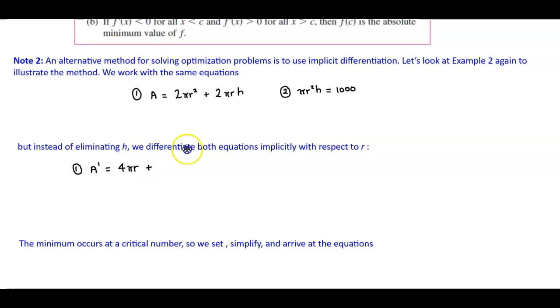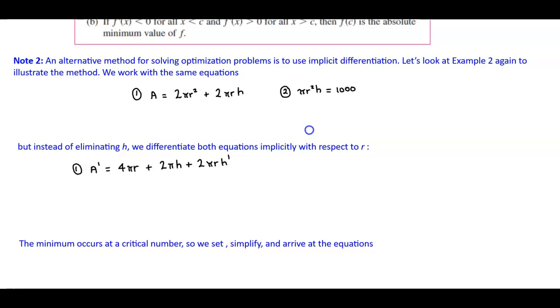Plus, now we're going to have to use the product rule implicitly according to h. Well, the derivative with respect to r is going to be 2 pi h. And then the derivative with respect to h is now going to be, again, implicitly 2 pi r h prime.